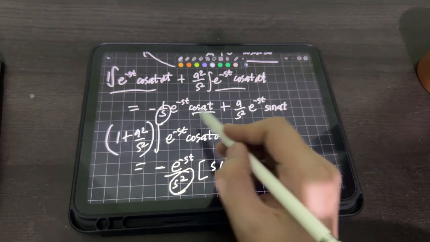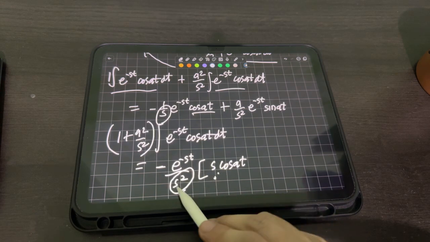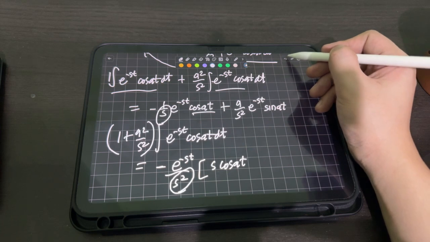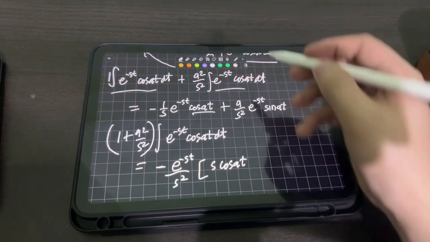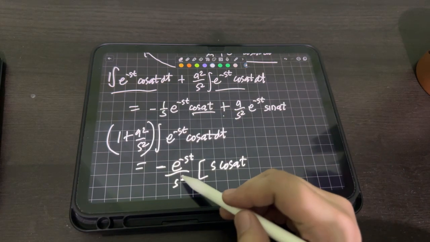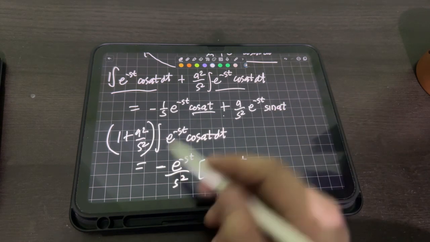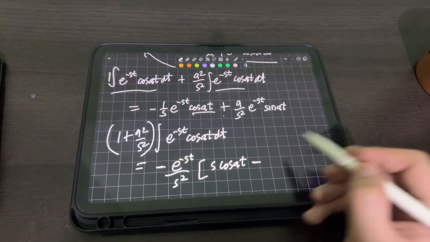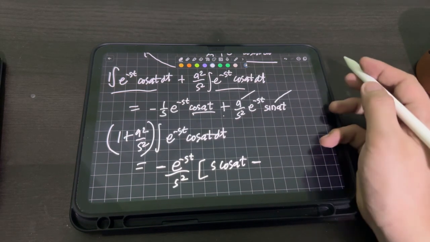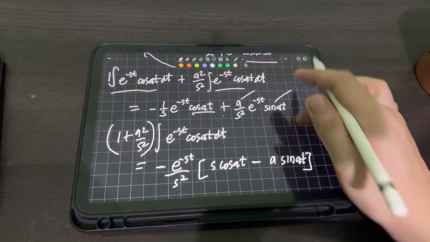We just have over s here. So we need to have s so that s over s squared will be 1 over s. Okay. How about for the second term? When we factor out negative e to the negative st over s squared, what is left? So we factor out the negative. This one is positive. It should be minus. Okay. So we are left with a sine at only. So minus a sine at.